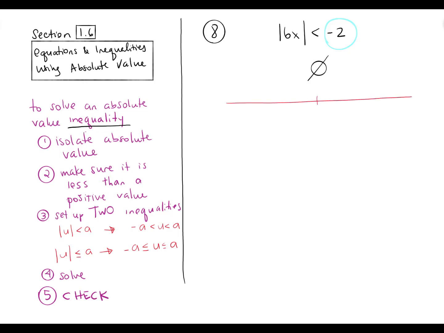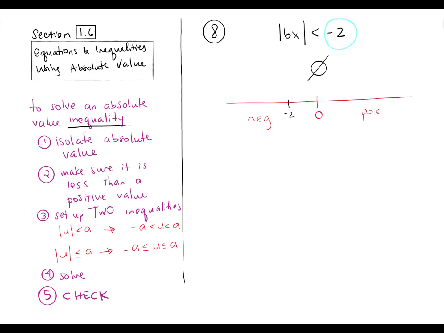If you're looking at the number line, the 0 separates the positives from the negatives. And when we look at the positives and the negatives, you have negative 2 is over here.